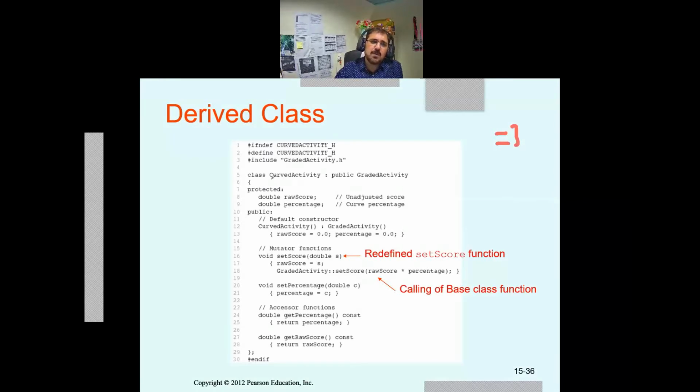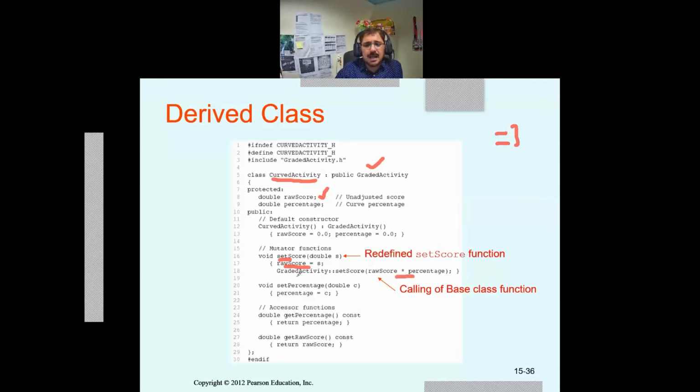So for that purpose, there is another class, the CurveActivity class, and it is inherited from GradeActivity. What this class does, the only difference is the setScore function, which has its own variable, rawScore. First the argument is assigned to rawScore, and then comes the adjustment.